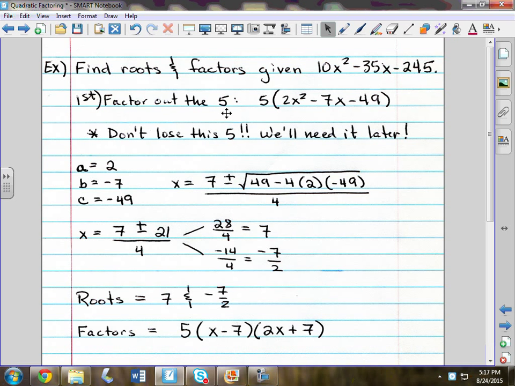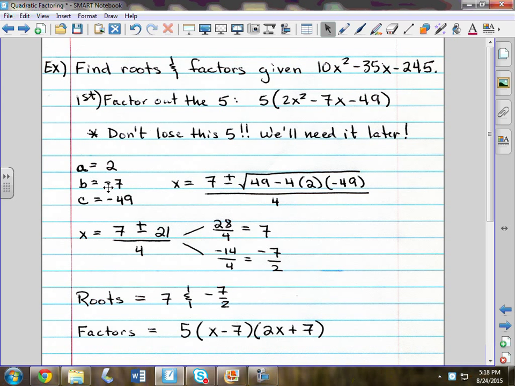First I'm going to factor out the 5. So I've got 5 times this quadratic expression. Don't lose this 5. We'll need it later. See where that 5 is coming in as one of the factors down here. I'm going to do the quadratic formula again, just like we did.